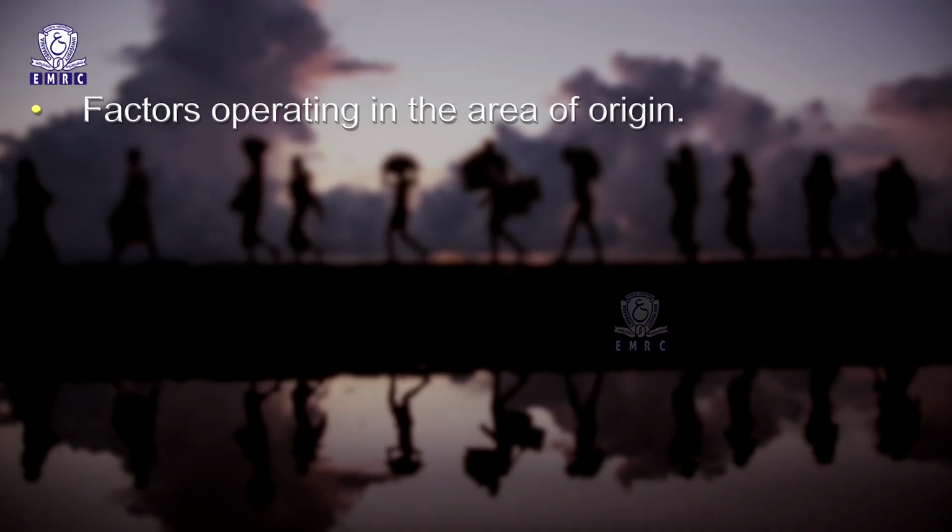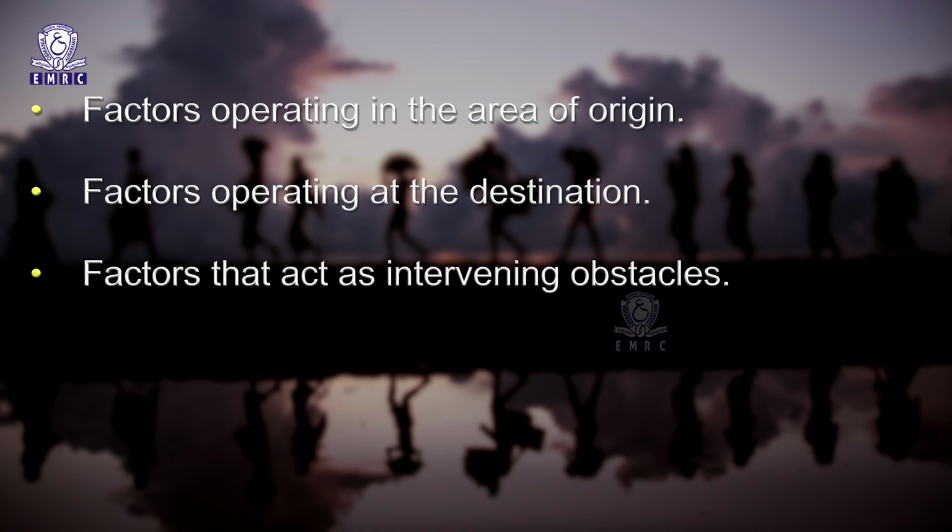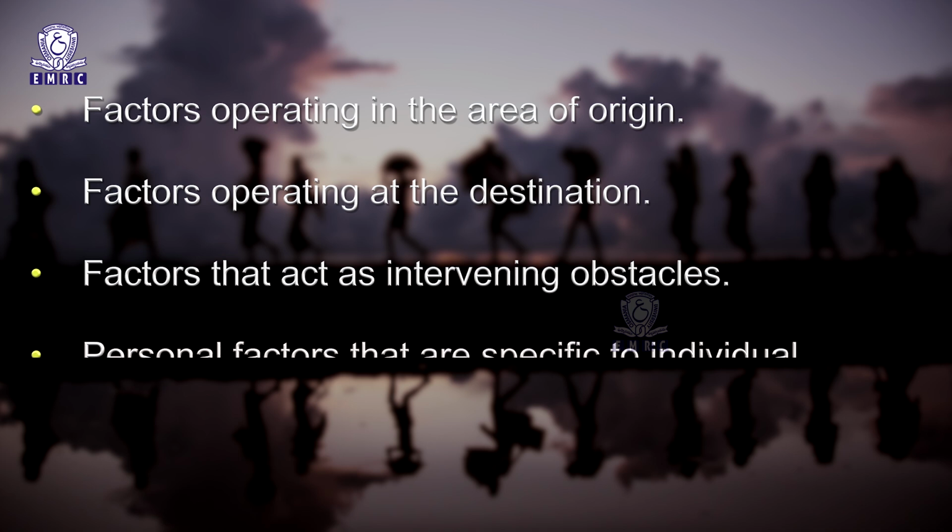The famous sociologist Everett Lee propounded another theory of migration in 1965. He generalized the following four factors which influence the decision of an immigrant: factors operating in the area of origin, factors operating at the destination, factors that act as intervening obstacles, and personal factors that are specific to the individual.